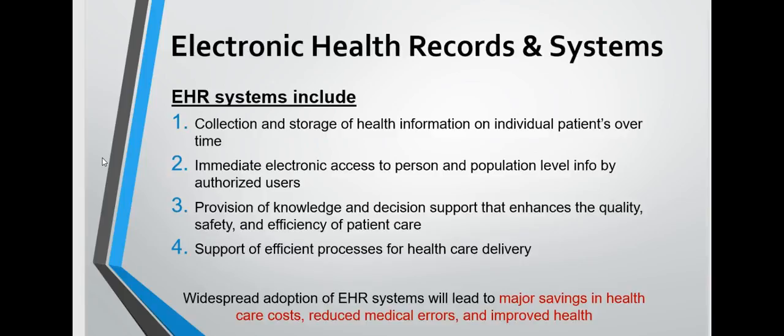The second component is immediate electronic access to person and population level information by authorized users. The third is the provision of knowledge and decision support that enhance the quality, safety, and efficiency of patient care. And last is support of efficient processes for healthcare delivery.